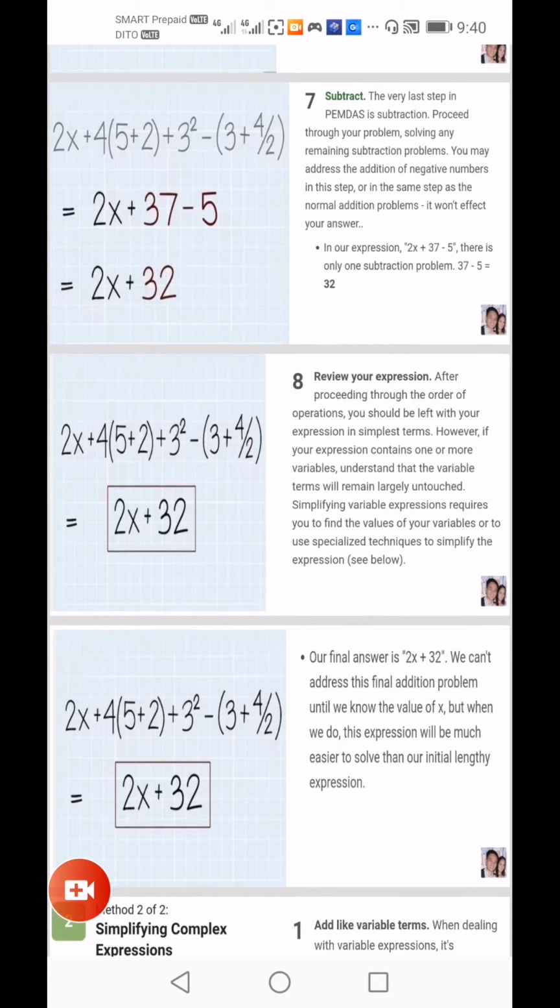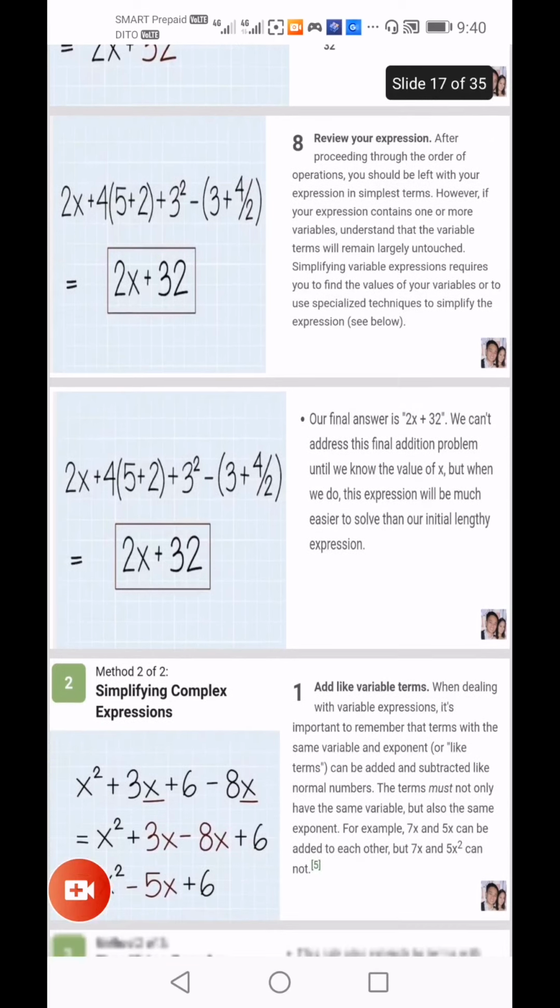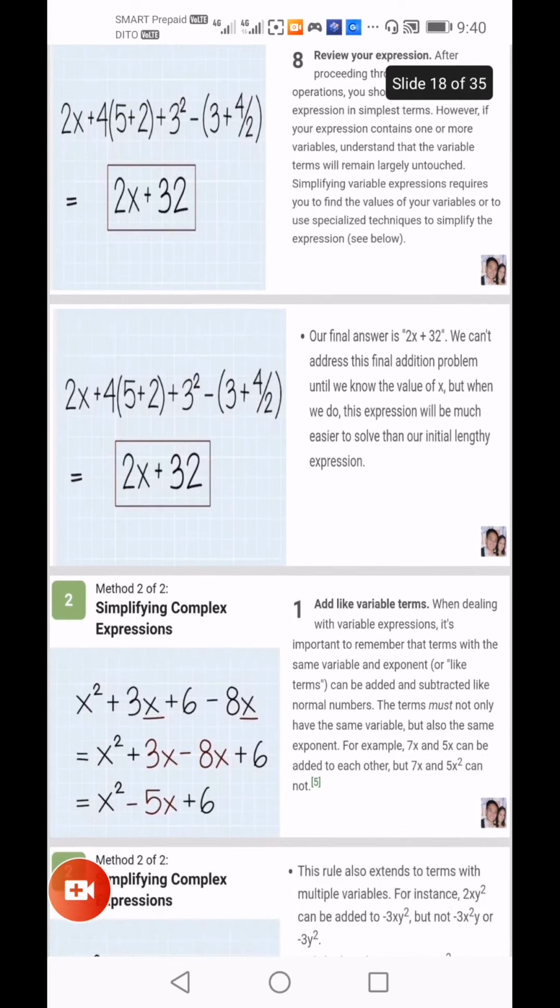Simplifying variable expressions requires you to find the values of your variables or to use specialized techniques to simplify the expression. Our final answer is 2x plus 32. We can address this final addition problem until we know the value of x. But when we do, this expression will be much easier to solve than our initial lengthy expression.